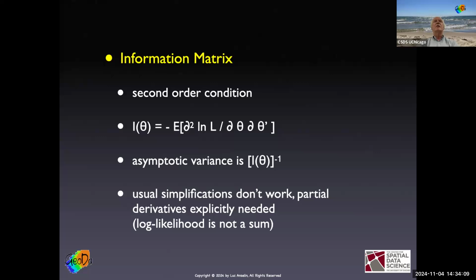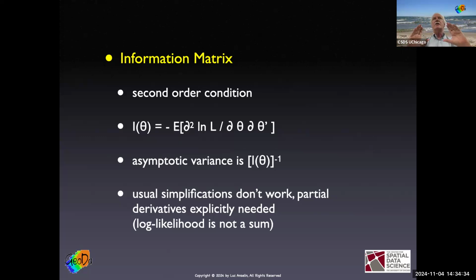It requires, let me put it this way, a love for matrix calculus, which is not given to everybody. But you get the result, and then the asymptotic variance matrix is the inverse of the information matrix.